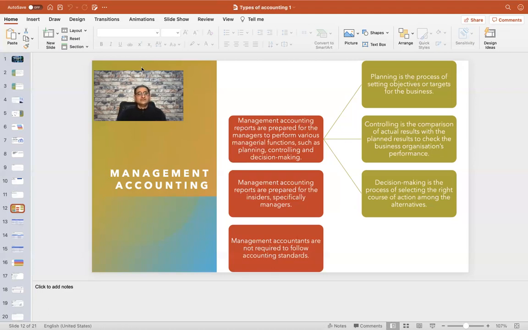And remember, management accountants don't need to follow any accounting standards. No legal obligations, or you can say no legal framework which they have to follow. Why? Because they need to generate that sort of report which can help the managers. So that is about management accounting and management accounting reports.